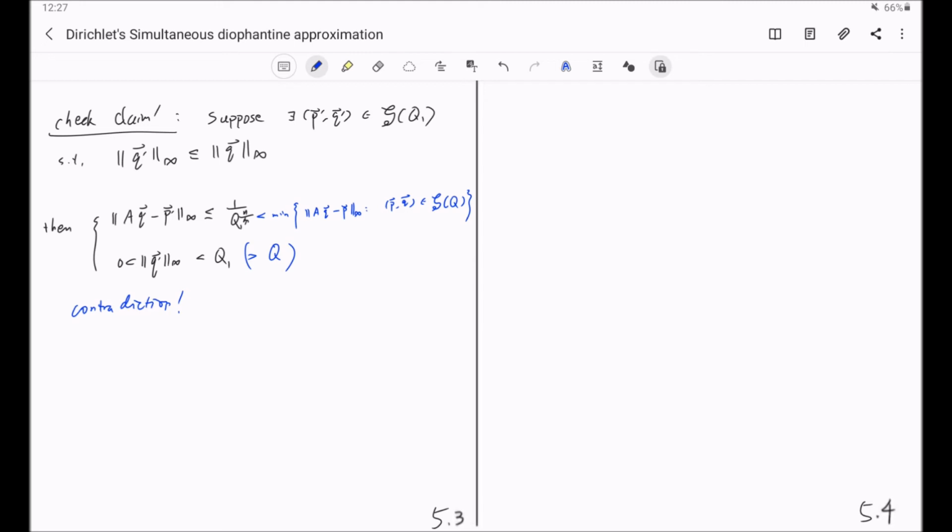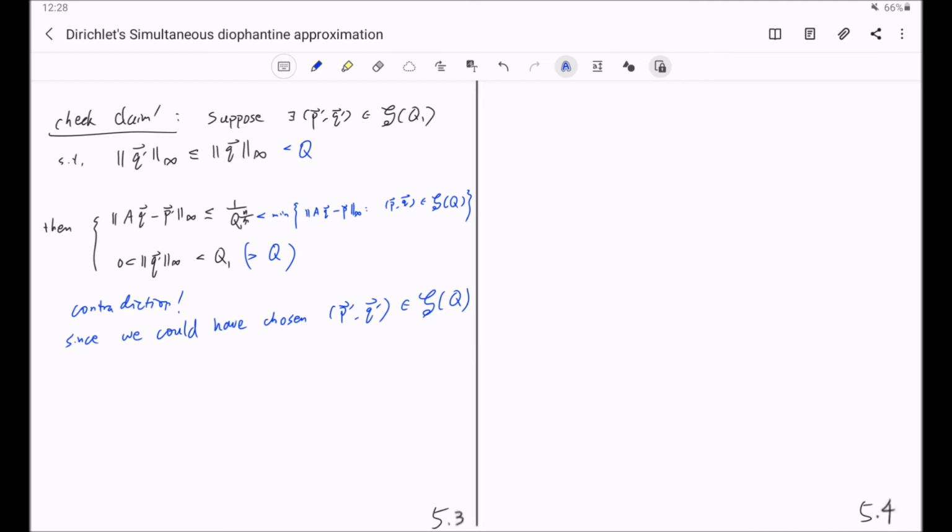The contradiction is that we could have chosen P prime, Q prime in S of Q rather than S of Q1.